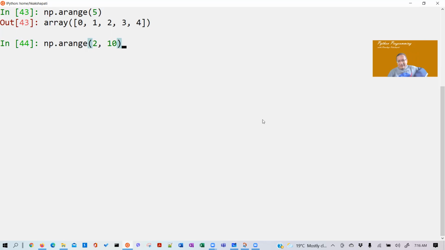When we used range for lists, what was there? You could give a maximum of three numbers. The first was the starting index, the second was the end index, which is exclusive, meaning it couldn't touch it, and the third one was the step. So if you do this, what comes? np.arange 2 to 10: 2 3 4 5 6 7 8 9.